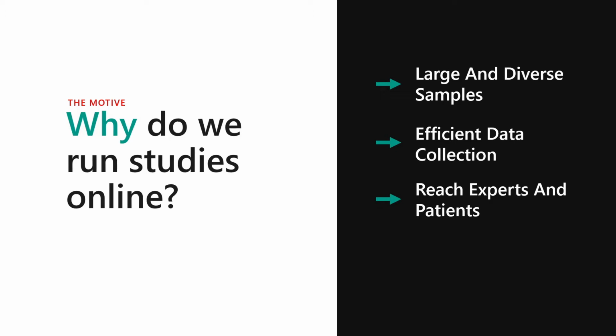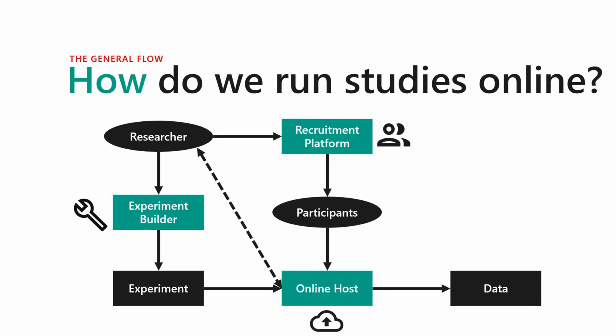Now, if we don't think about only the why of doing experiments, but also the how of doing experiments. If you are really starting up with this only, then you don't have much of a clue of how you can basically do your studies online. The general flow is the same as in typical lab studies.